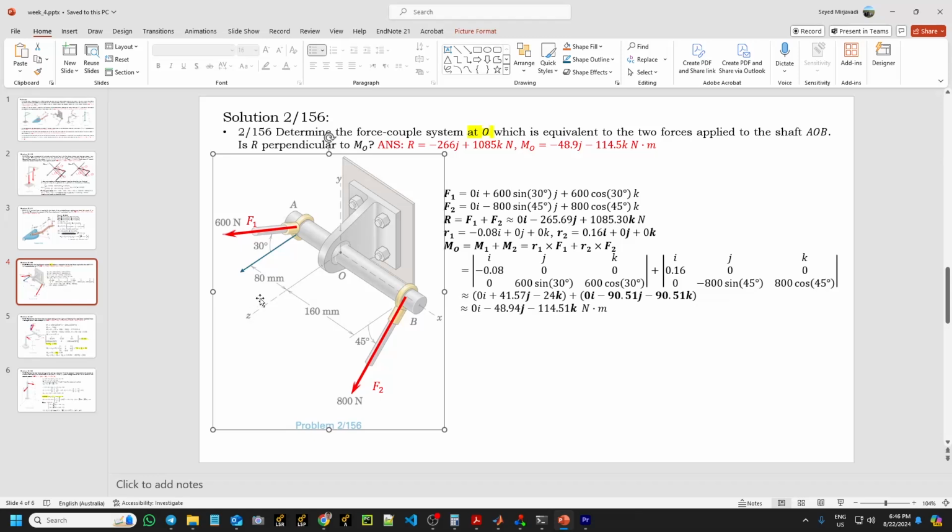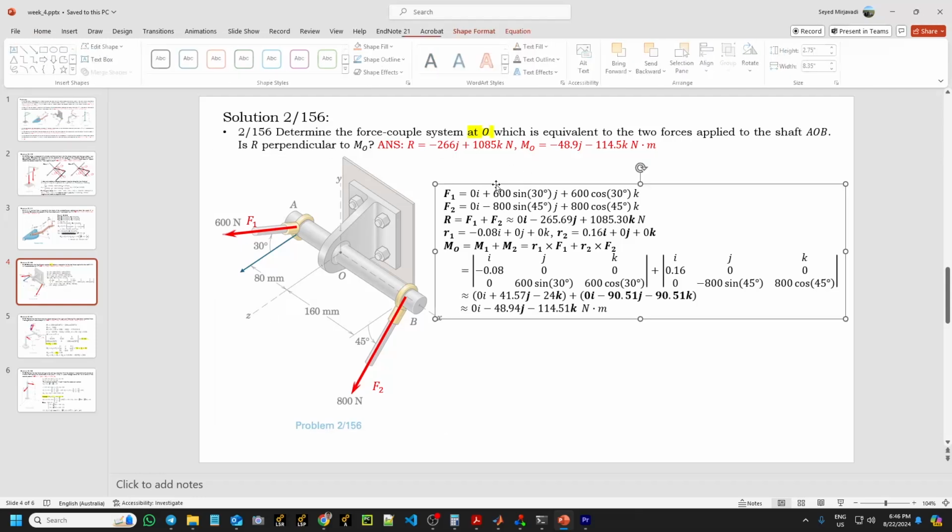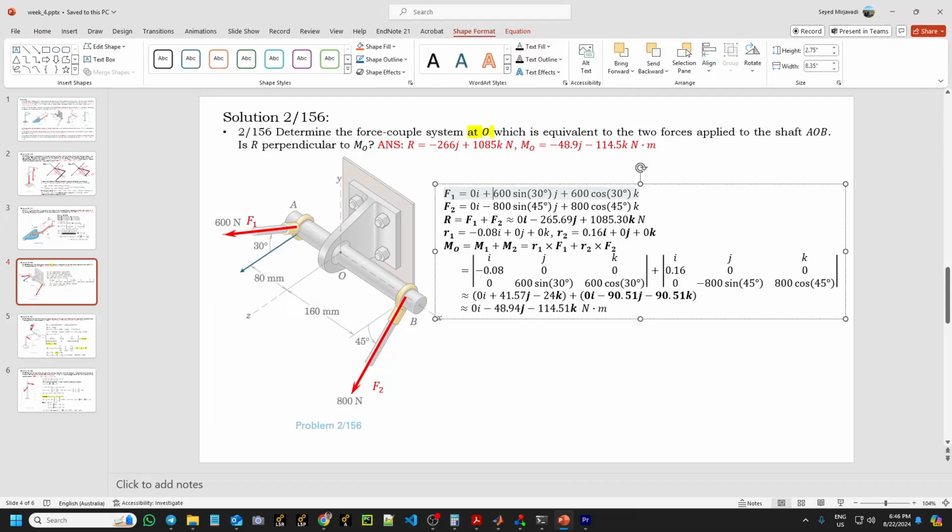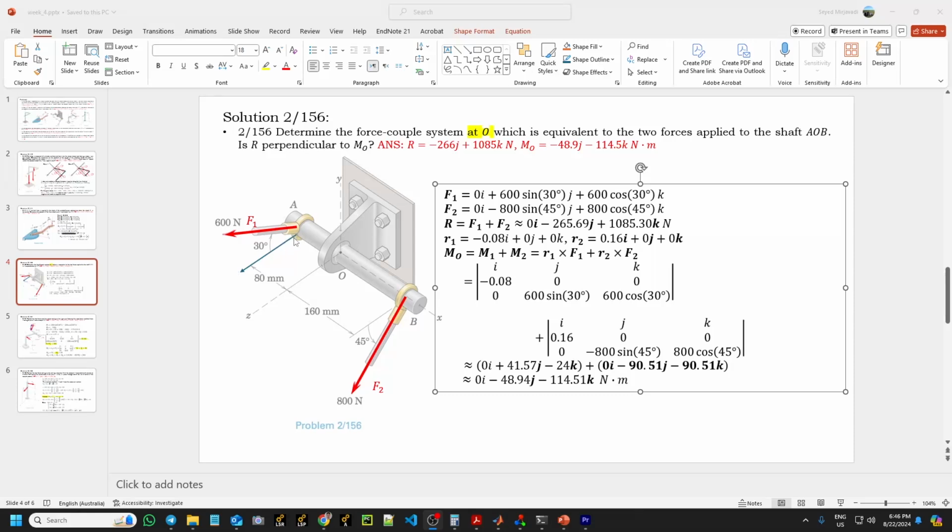What is the unit vector of the z-axis, positive z-axis? K, yes? So how much is the magnitude of the z component of the F1? 600 cosine 30 is the magnitude of this one.